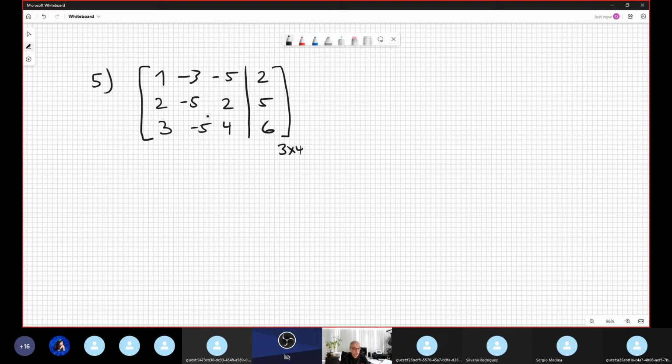And they want you to do 3 row operations. The first one is minus 2 R1 plus R2, stored in R2. Remember the notation, guys.